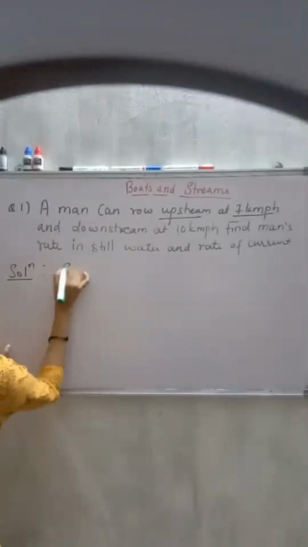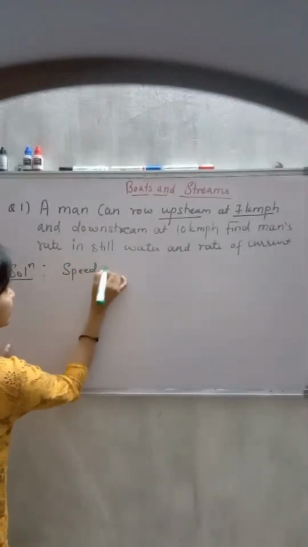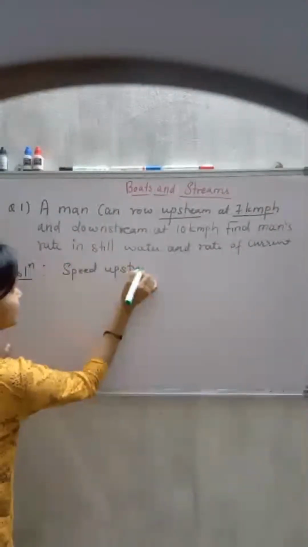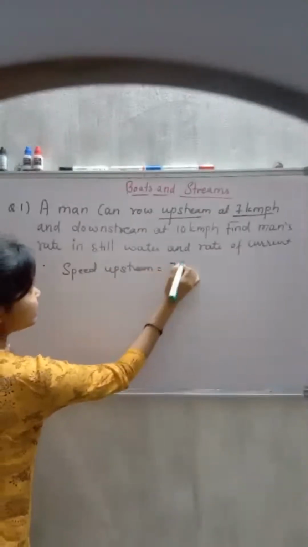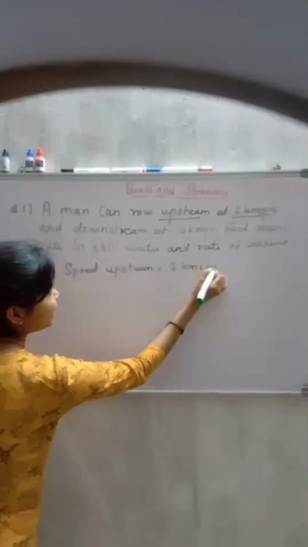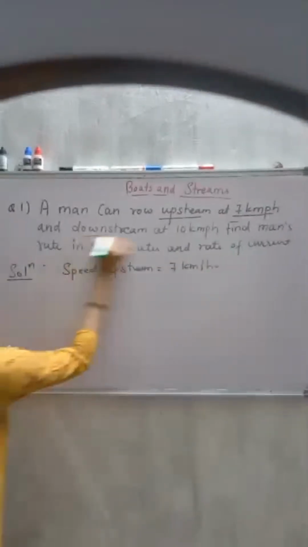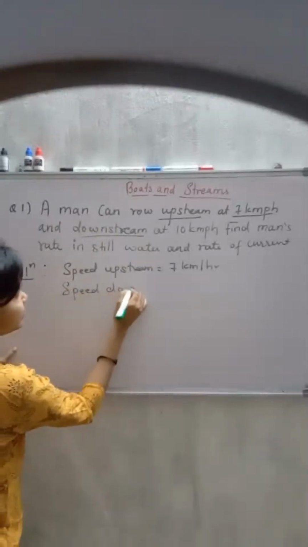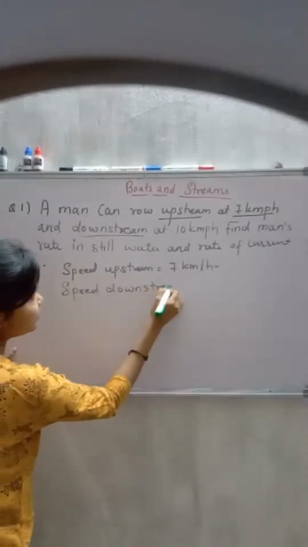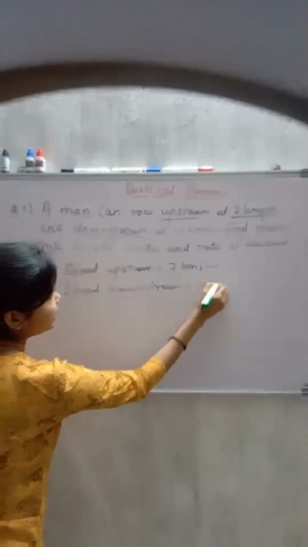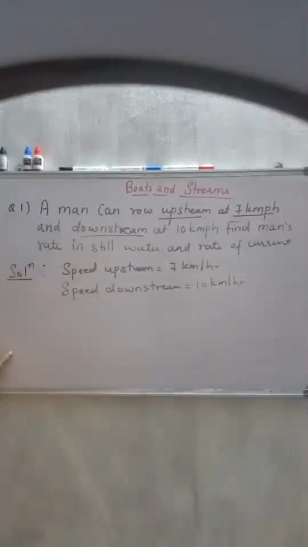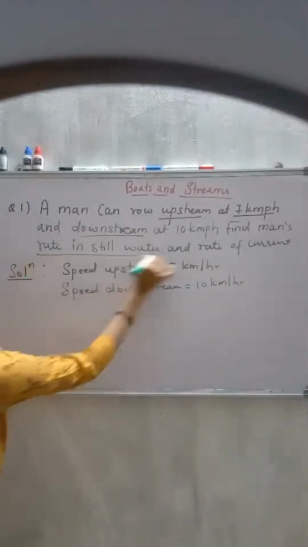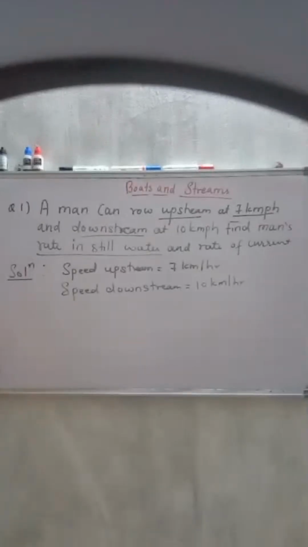Upstream 7 km per hour. That means speed upstream is given as 7 km per hour and downstream speed downstream is given as 10 km per hour. We need to find man's rate in still water and rate of current.